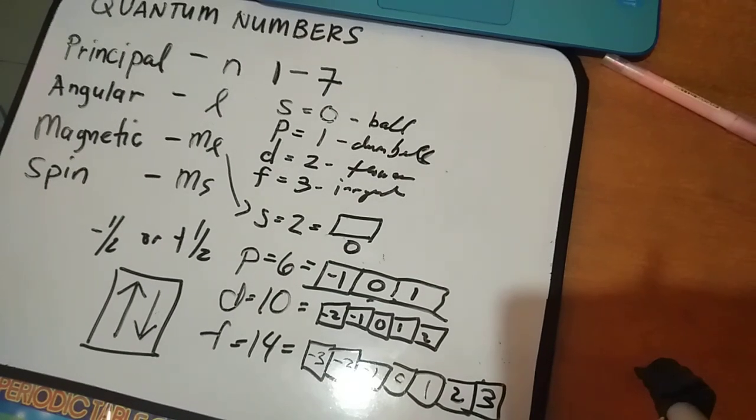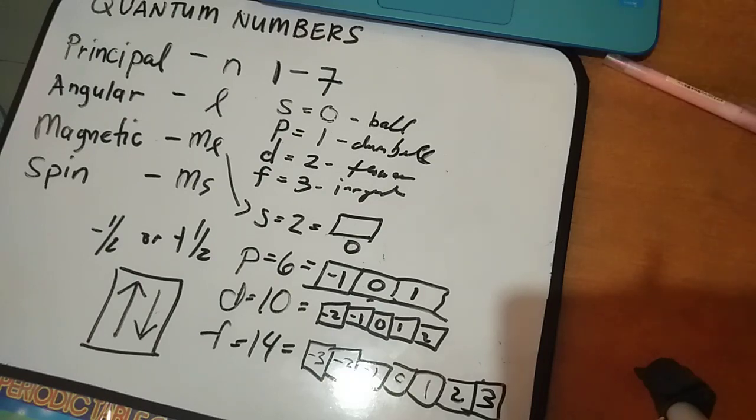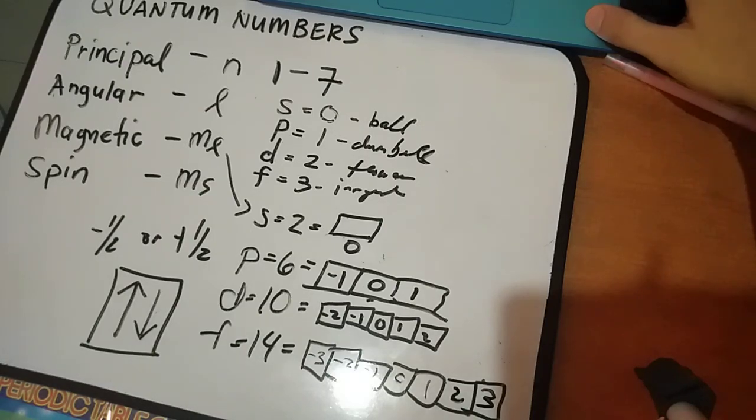And laging tatandaan dito, dapat sa isang box laging magka-opposite. And then, that is what you call the Pauli's exclusion principle. So, in any given atom, no two electrons can have the same set of quantum numbers because they would always have opposite spin.